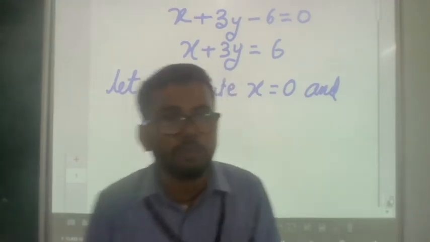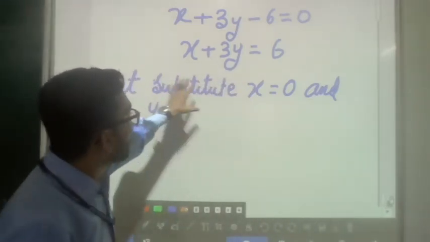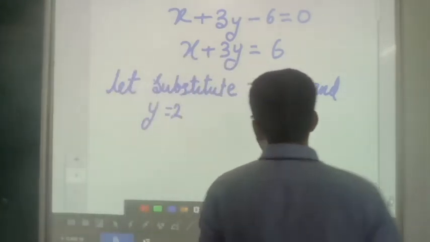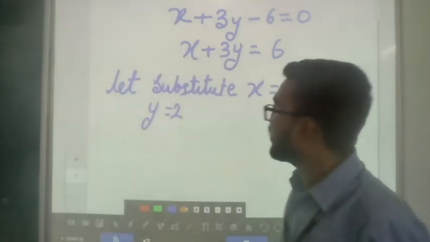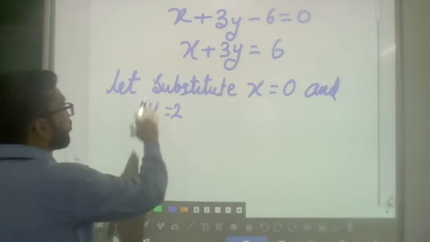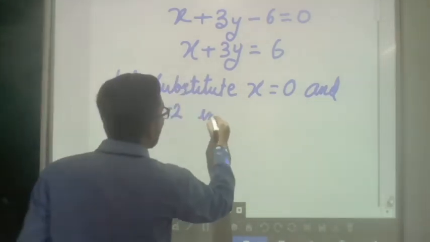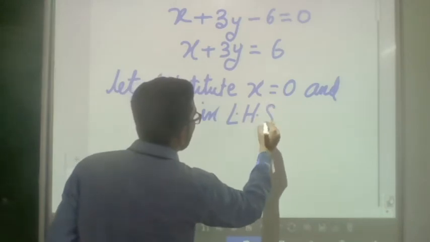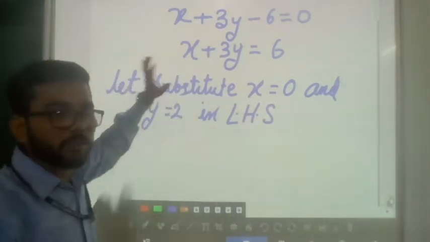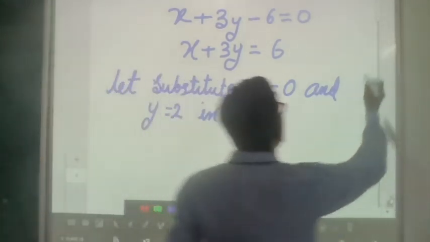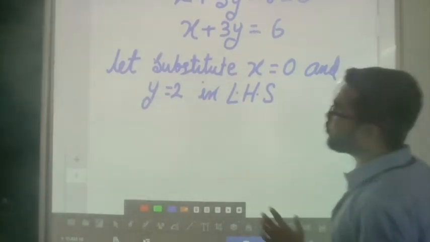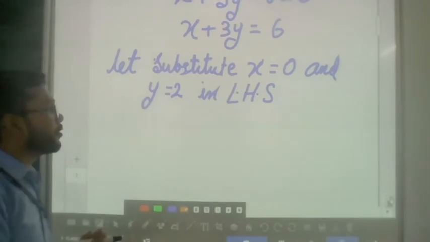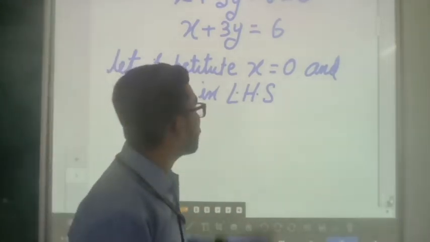Let us substitute x is equal to 0 and y is equal to 2 in the LHS of this equation. Let's see what will happen. Just try to understand and listen to what I am delivering here.